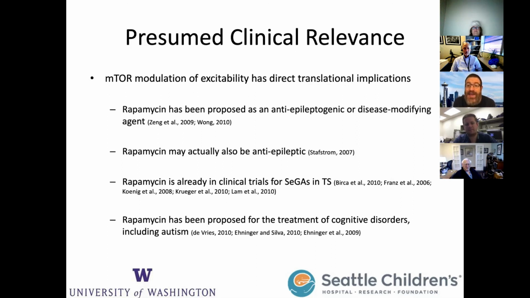Rapamycin could also be anti-epileptic, meaning it could stop the seizures as they're occurring. We know it's been used in humans for tuberous sclerosis, which is the only real clinical trials that have been done to date with rapamycin for a neurological phenotype. And people have thought about it, at least through the treatment of other cognitive disorders, but haven't really used it yet.